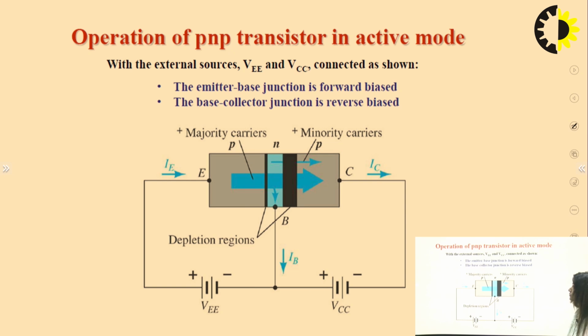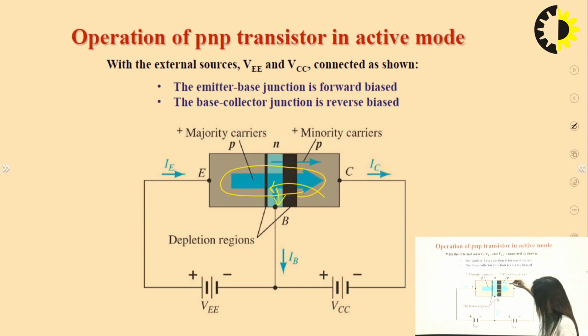So now, operation of the PNP transistor in active mode. The current, as I explained, is 96 holes which are able to cross the junction. Few holes are captured and they constitute this particular base current, and one more current is there due to the cutoff, so majority carriers flow and the minority carriers.